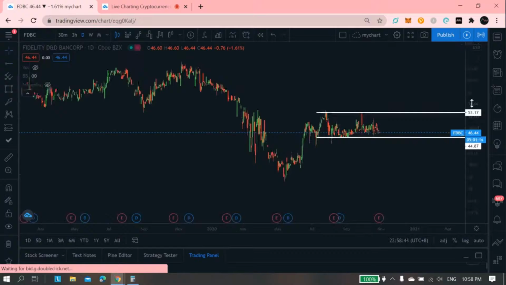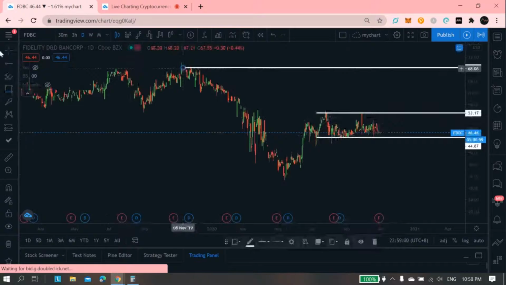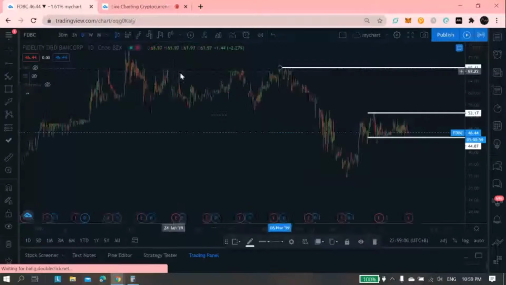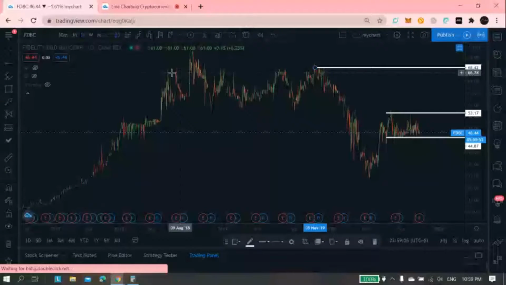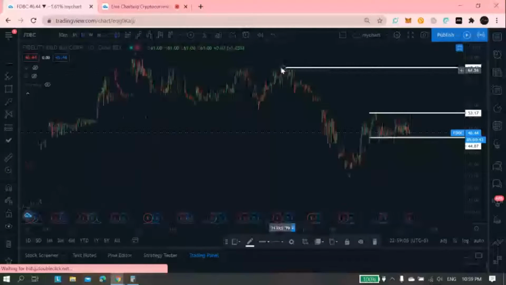But it's already near, or it actually seems like consolidating at this area. There's just a few spikes. But on a conservative note, this is actually a strong resistance area. I'm looking at close to the 68 area.